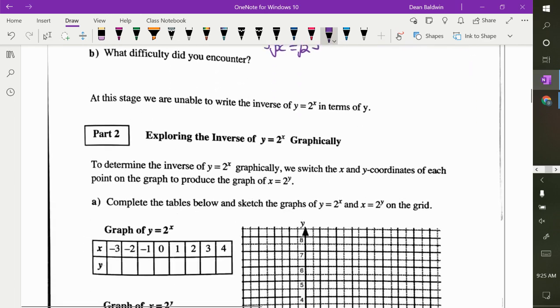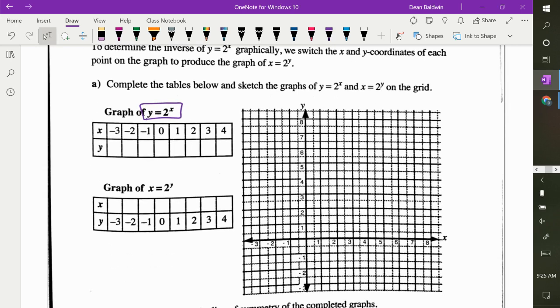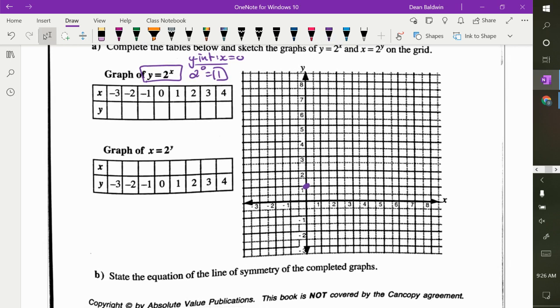So we're going to go down here. We don't need to do a table of values because we know how to graph this. What is the y-intercept of that graph? 1, right? Because x is 0. Y-intercept is x equals 0, which gives me 2 to the 0, which gives me 1. So I know it goes through 1. What is the horizontal asymptote of this 2 to the x graph? 0.